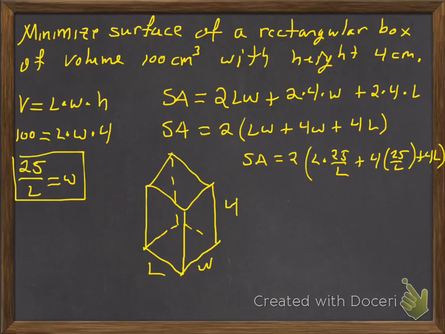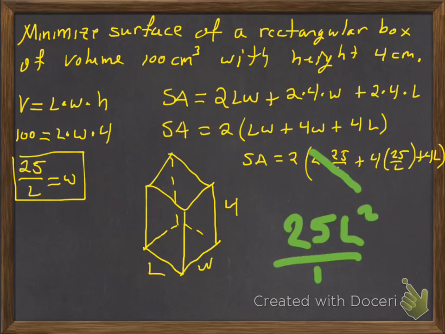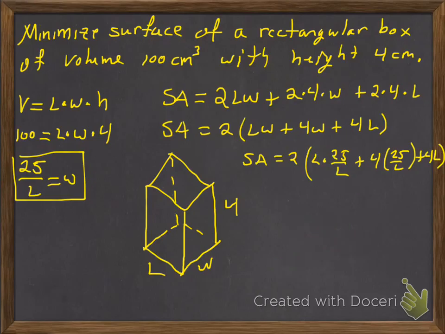Alright, another thing to mention here, these L's cancel out, so I'm not going to have something like 25 L squared or over L. Okay. Whenever you're multiplying a number times a fraction, you can always make the number, the L, a fraction by making it L over 1.